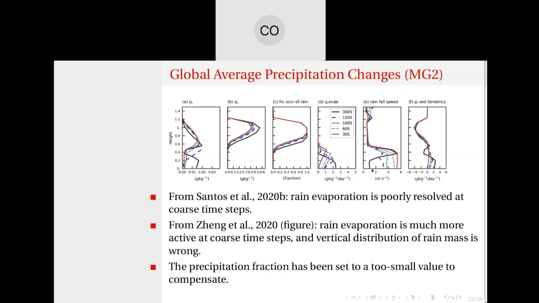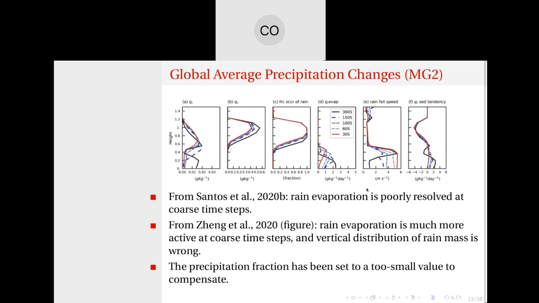And so part of the issue is not just that the evaporation isn't following the rain as it falls because the sedimentation and the evaporation are done separately, but also because the fall speed is only calculated at the beginning before the sedimentation loop. When you get a big mass of rain falling, it changes speed as it falls, and it can actually slow down because it falls into a region where the rain speed is slower. So that's also an issue, that the fall speed should actually be updated inside the sedimentation loop.